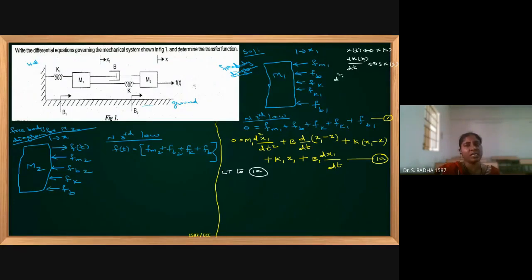So for d square x of t by dt square, its Laplace is s square x of s minus s into x of 0 minus x dot of 0. That small x of 0, small x dot of 0, those are initial conditions.